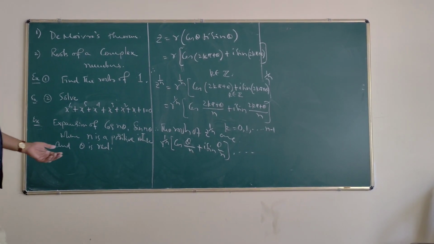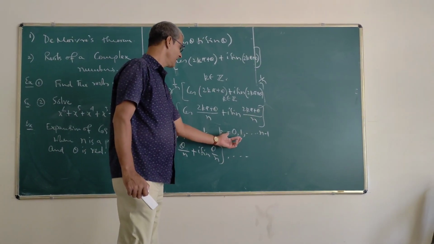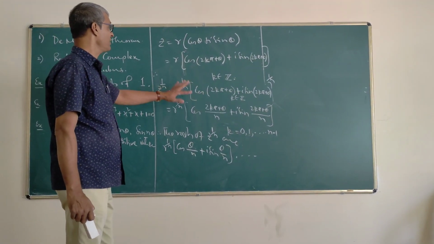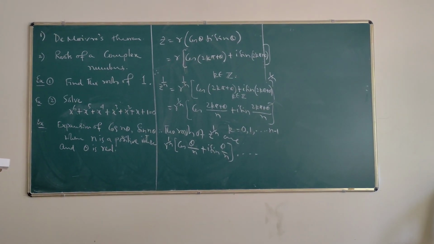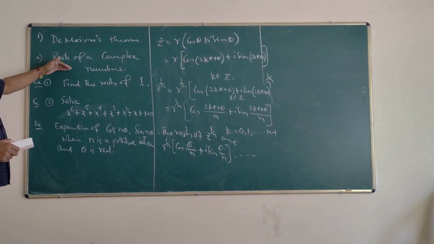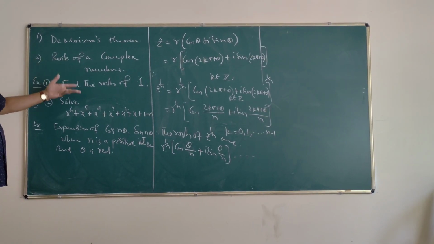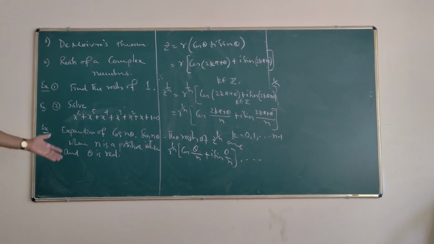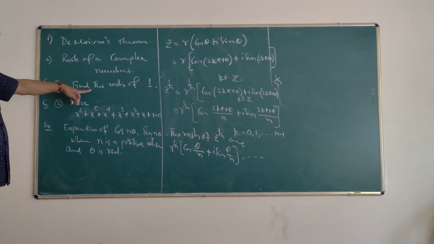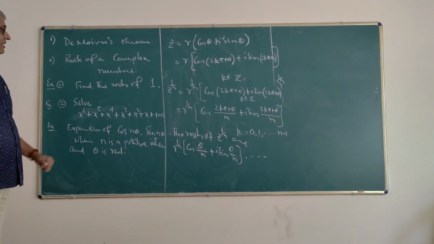So ultimately you will get the nth roots of z. So by this method, you can find the roots of a complex number. First you express the complex number in polar form, and then find the roots in this way.